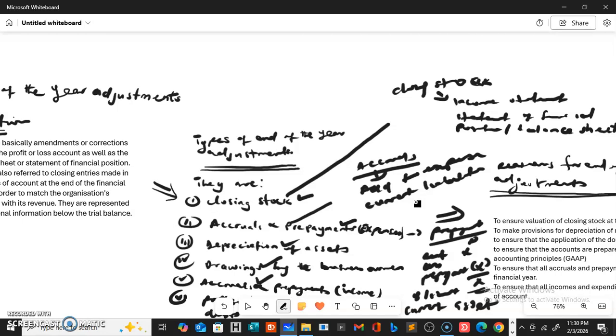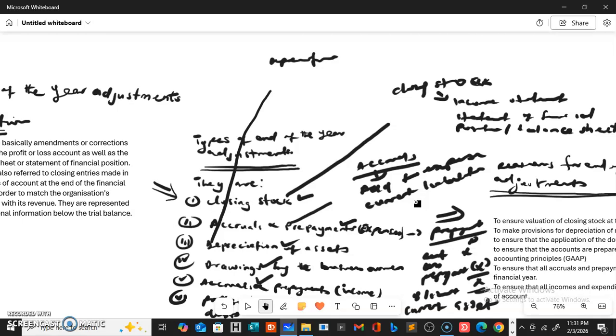So for depreciation, this is the reduction in the value of an asset over its useful life. That is, the asset will continue to lose value due to so many reasons like technological advancement, obsolescence, usage, time, and other factors.